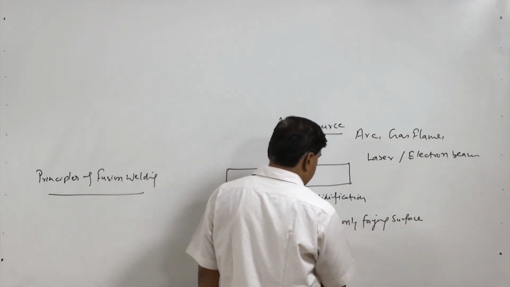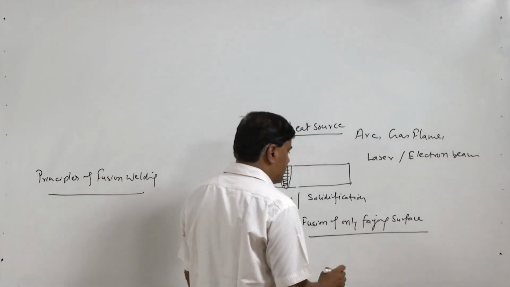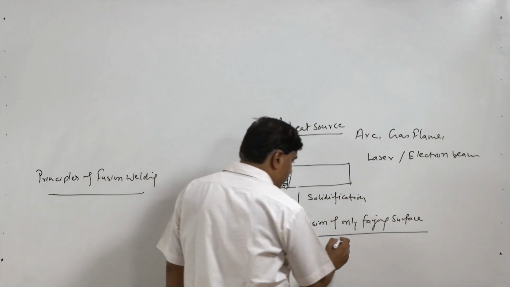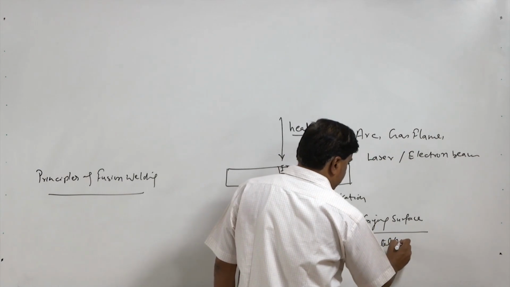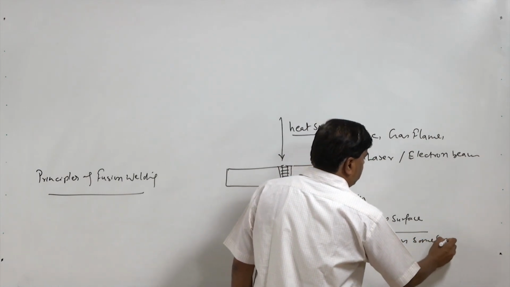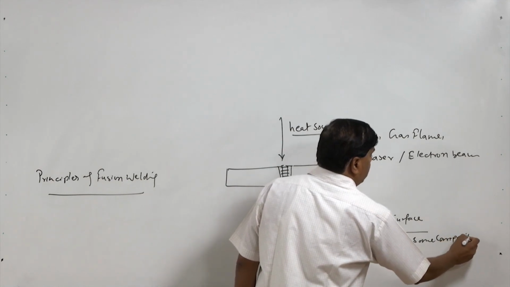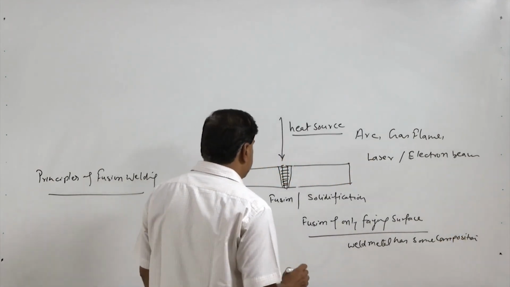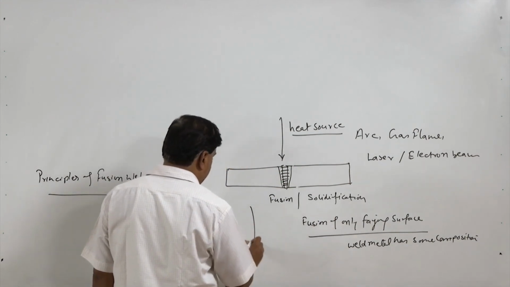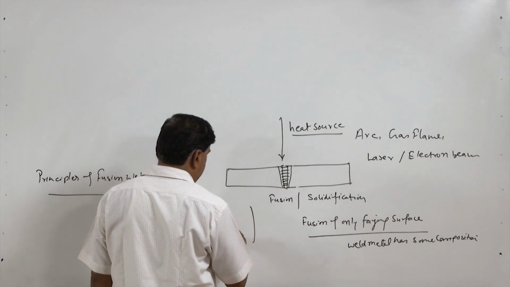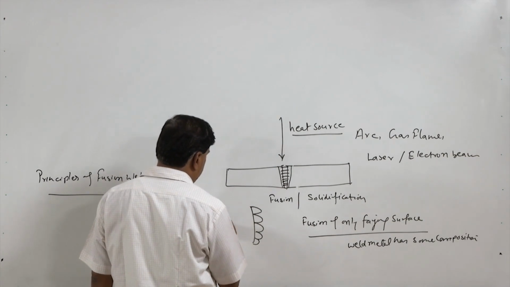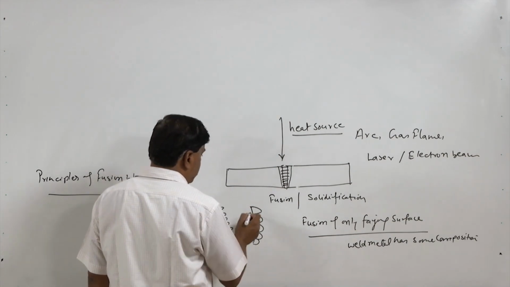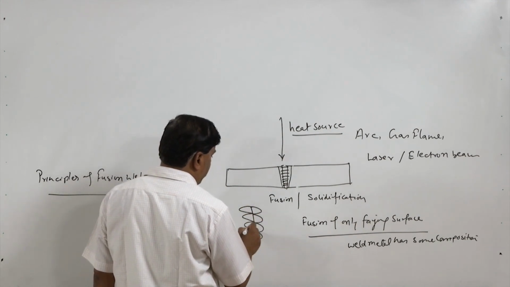So, in this case, when fusion of only the fitting surfaces is achieved for developing the weld joint, the weld metal has the same composition as the base metal, and in this situation, on whatever partially melted grains are there of the base metal, solidification starts with their direct growth. No nucleation is needed.